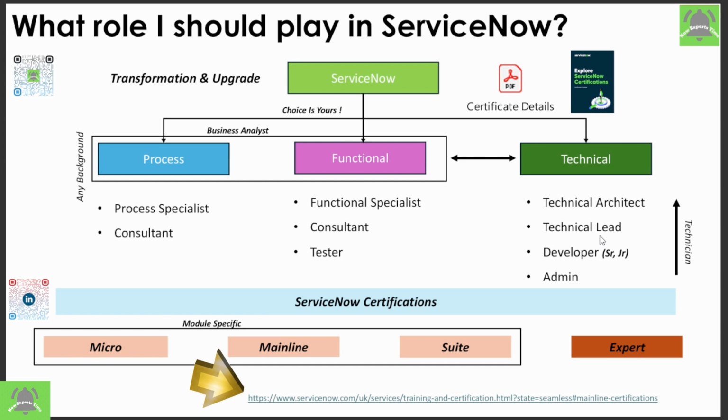The major item is expert. Expert means you should be functionally crystal clear, process-wise crystal clear, technical-wise crystal clear. Then ServiceNow authorizes you as a certified technical architect, a certified master architect, like that. So this is a target state. Actually, everyone should meet this state, that's my wish.